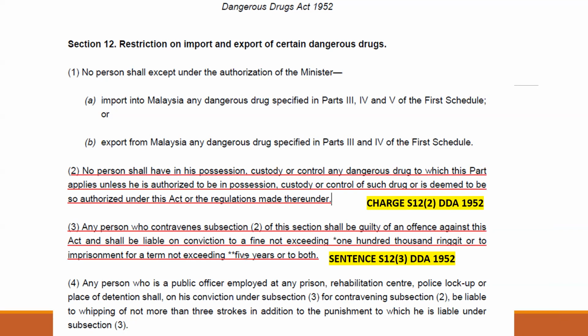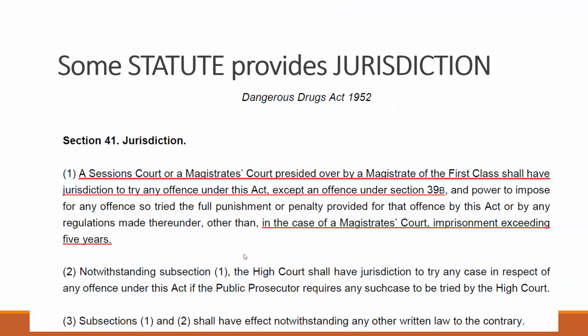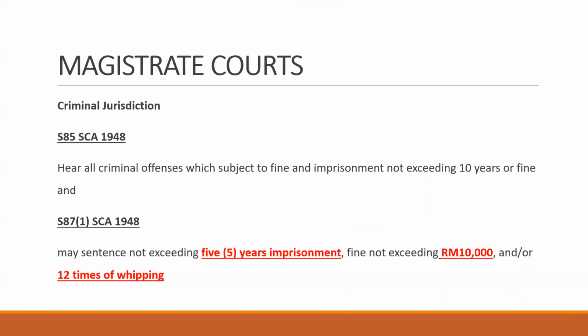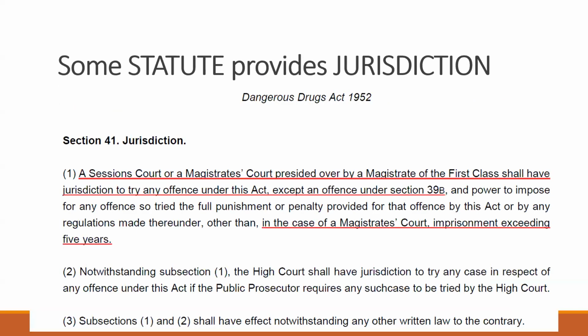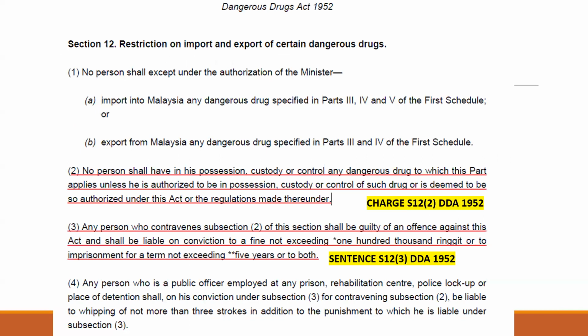So just now we have studied section 87 sub-rule 1. It said that the magistrate cannot impose a fine of more than 10,000 ringgit. But when we have this section 12(3) coming in for a drug case, it is legal.